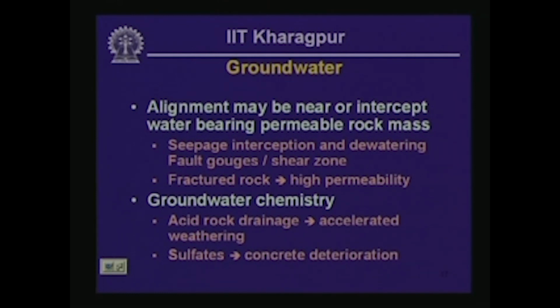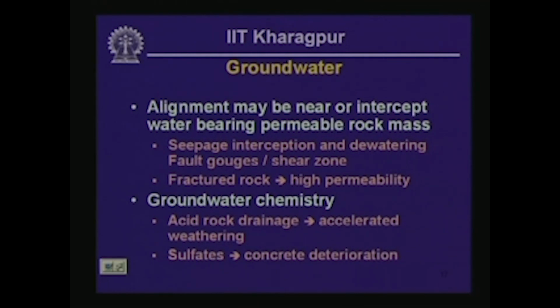You also have to consider groundwater chemistry. If you have acid rock drainage in sulfide bearing rocks, that could lead to accelerated weathering of the rock near the wall of the tunnel, and consequently reduction of rock strength.